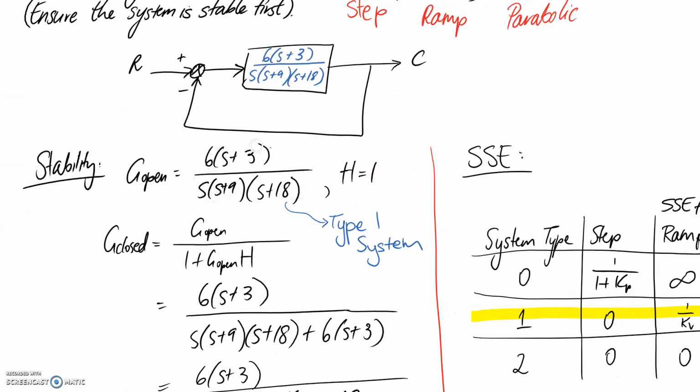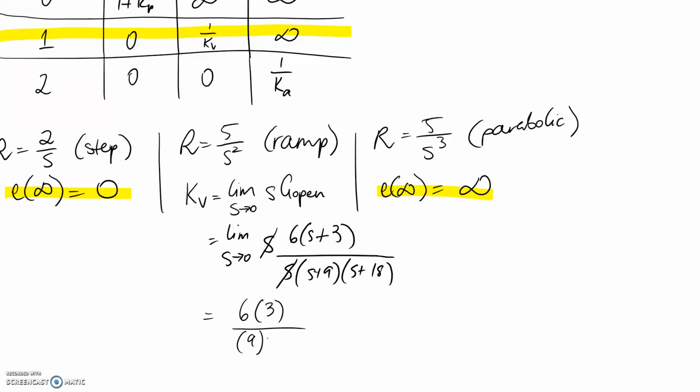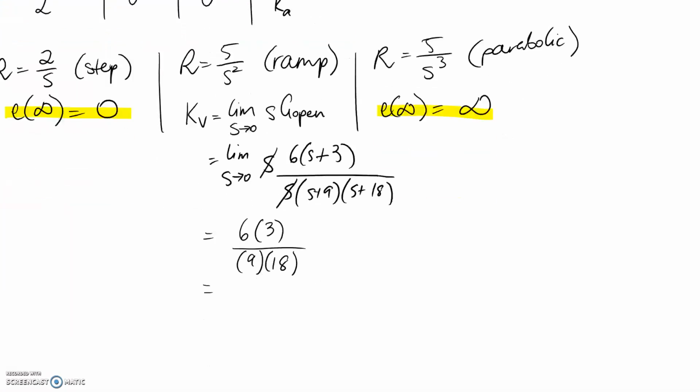It was equal to this here, whatever was on the top line. So popping that in, okay, we can cancel S on top and bottom line. It's meant to be a plus. Substitute in the limit, so it's when S goes to 0, so we're going to get 6 times 3 over 9 times 18. And this works out to be 1 on 9.